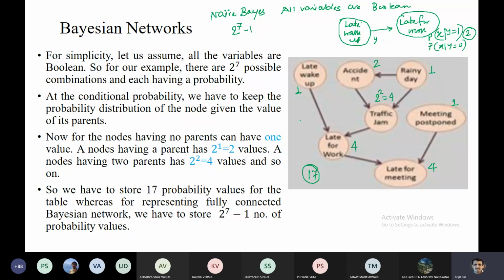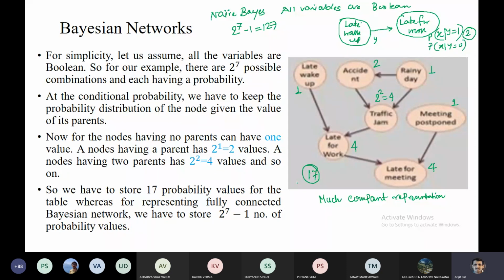And if it is a naive Bayes, what is it? I think 127. So you can see that this is a much more compact representation. We have to store 7 probability values for the table, whereas representing the fully connected Bayesian network, we have 2 to the power 7 minus 1 probability values.